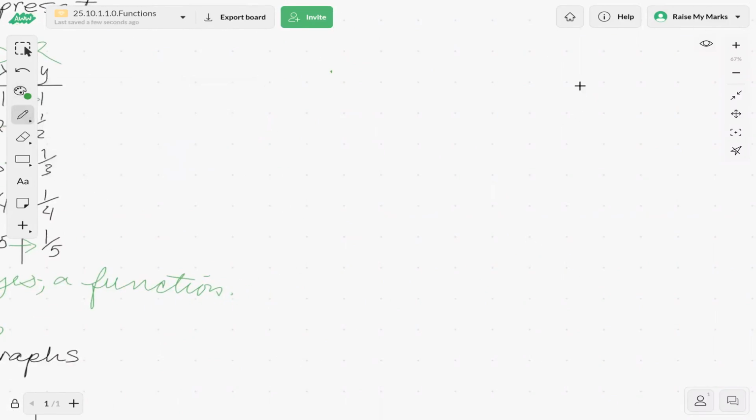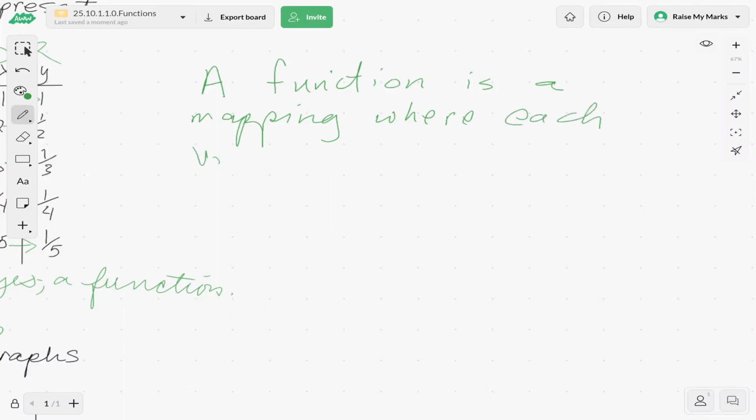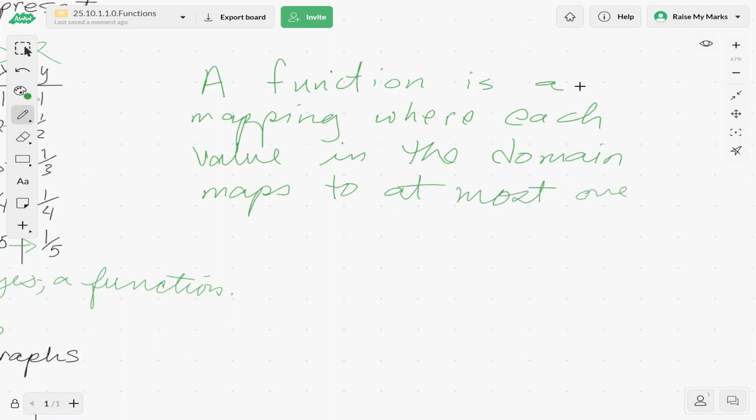So a function is a mapping where each value in the domain maps to at most one value in the range.